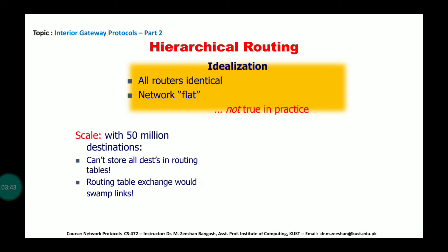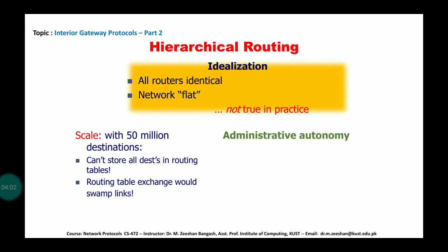It will create a lot of congestion, and that will again create challenges for communication. So these are the two issues related to routing, particularly when we consider scaling.